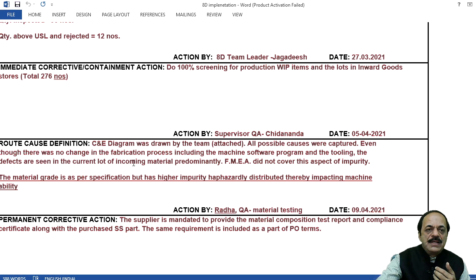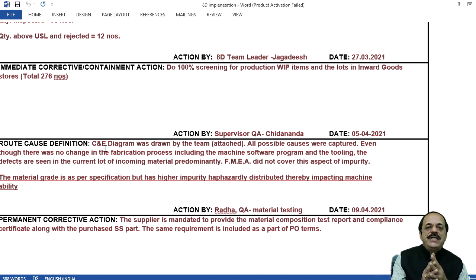Now the root cause was identified and defined. The methodology is followed, cause and effect diagram drawn, all the causes are listed. The causes were analyzed. Here it was found that there was no change in software used for fabrication, no change in machine, no change in operator, no change in tooling.